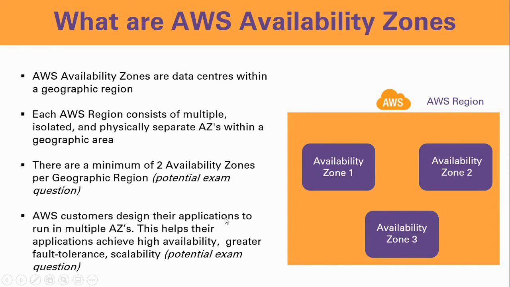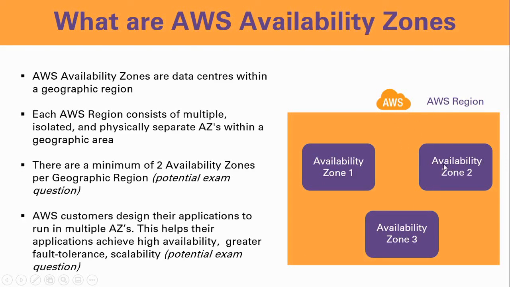AWS customers design their applications to run in multiple AZs. This helps their applications achieve high availability, greater fault tolerance, and scalability. And the reason is this: because availability zones are physically isolated data centers, you could design your enterprise application to have multiple EC2 instances and databases stored across these availability zones within the AWS region.